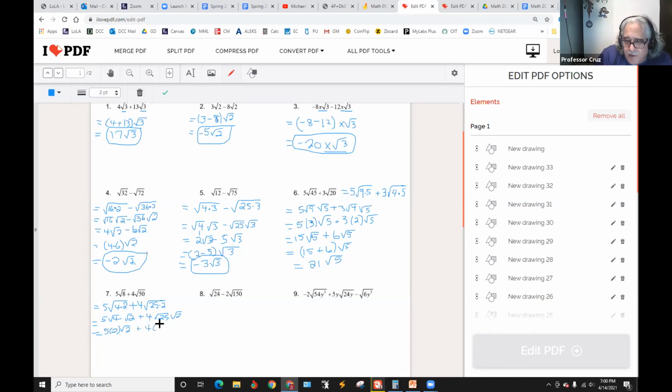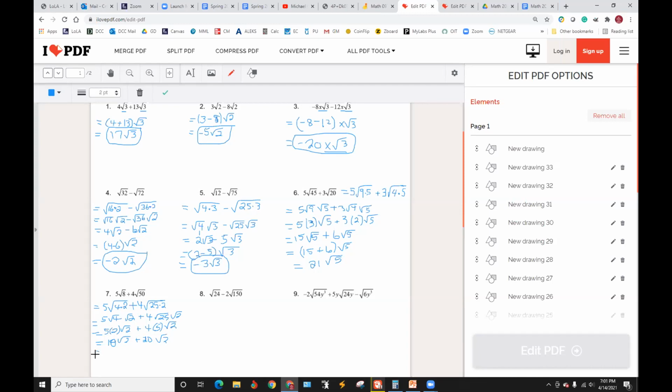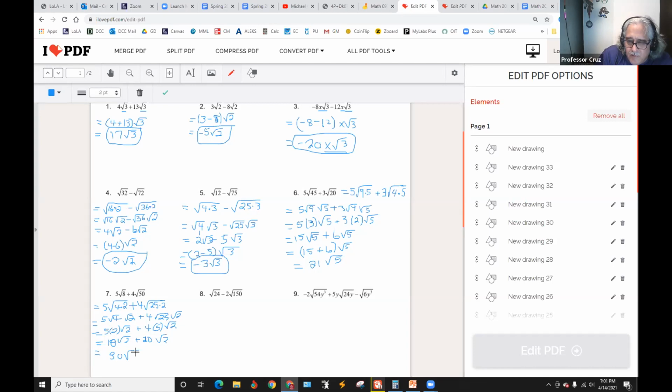And then this is 4 times 5. So we got 10 square root of 2 and 20 square root of 2, which is 30 square root of 2.